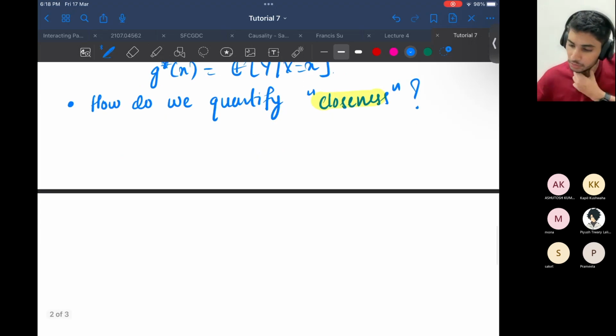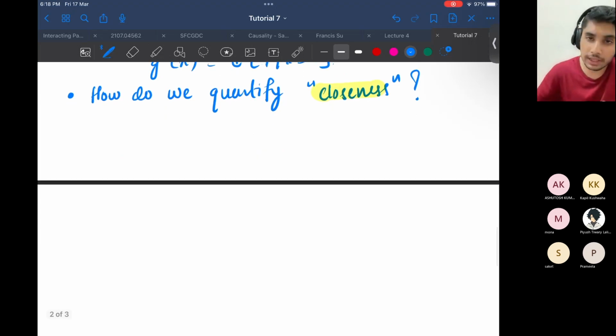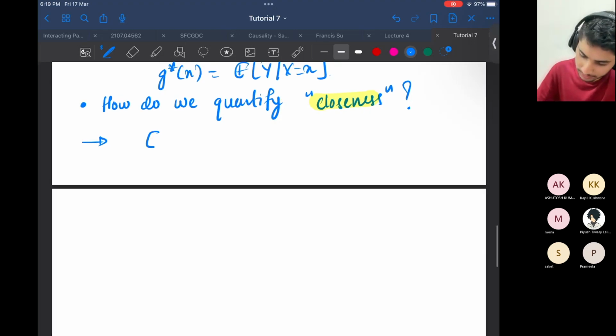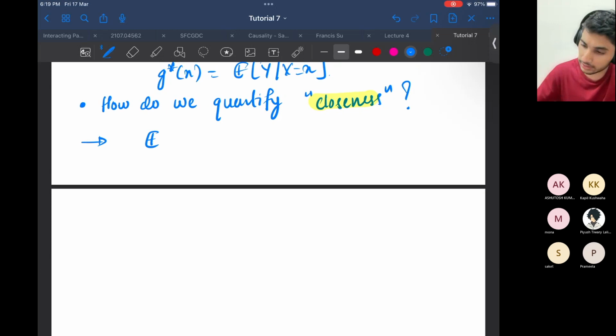One way to do this is where the concept of bias comes in. Well, not exactly, but let me just say it nonetheless. Bias is something which does this.